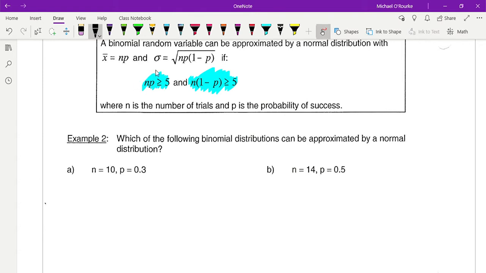So, okay, here we go. Let's do the calculation here. Let's figure out if we can do the approximation using this data or this data. So if I look at NP here, NP equals, I need it greater than or equal to 5. 10 times 0.3, what's that going to equal? 3.